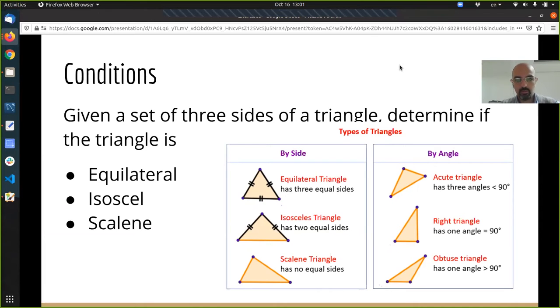Just for the sake of doing some examples, we have taken one exercise where we ask the user to provide three sides of the triangle.